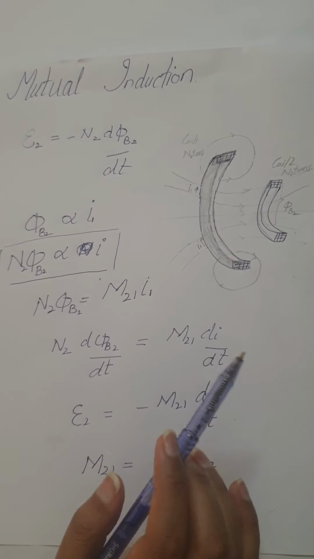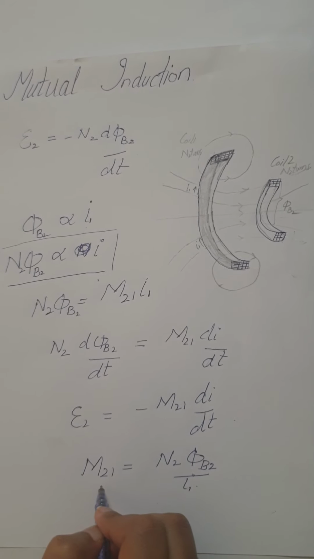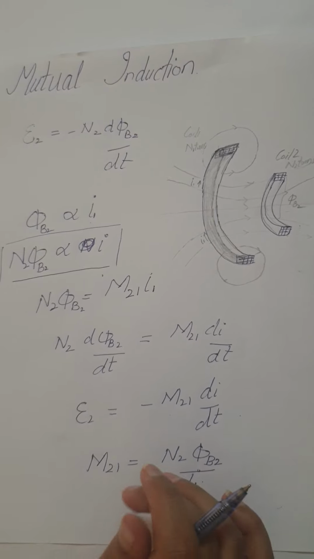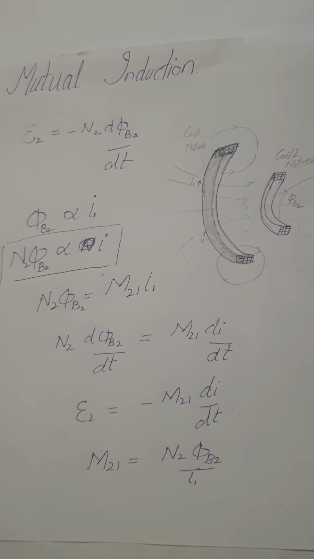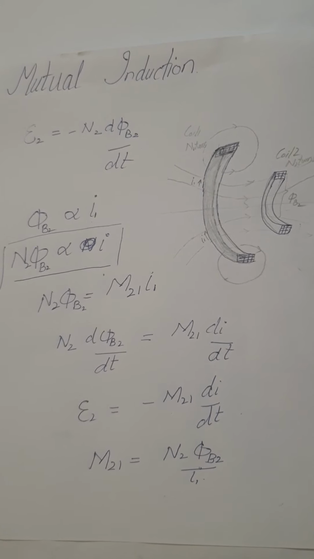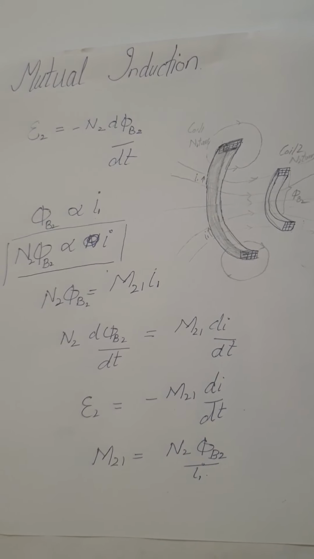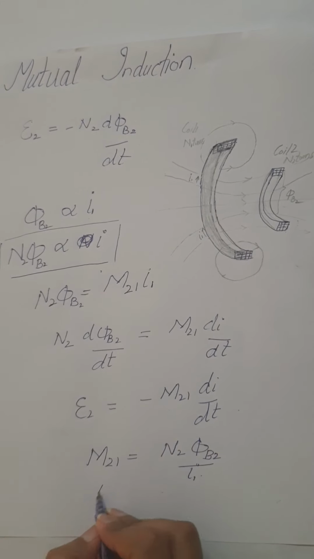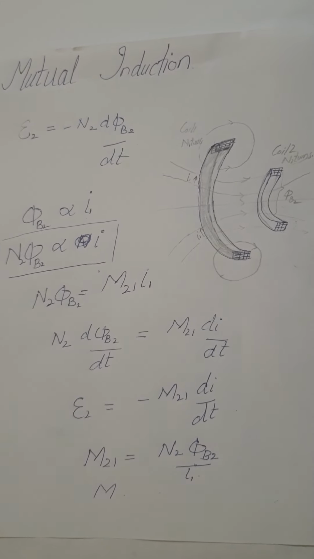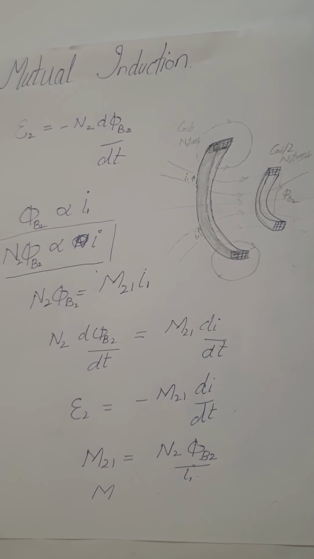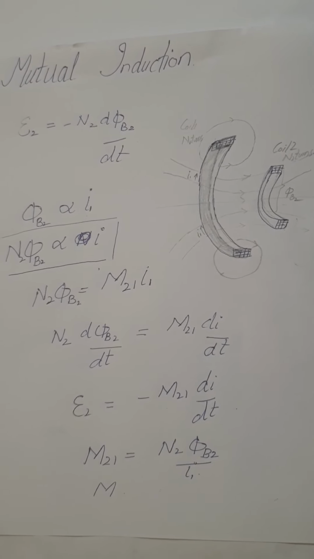But it turns out that M12 is equal to M21 even when the two coils are not symmetric. So this common value is called simply the mutual inductance, and we represent it with M without subscripts, and it characterizes completely the induced EMF interaction of two coils.